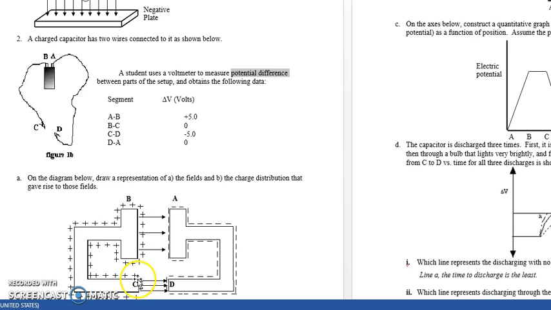I understand why they've drawn the wires so fat, so we've got room to draw the charges and everything, but there's a danger here that we can mistake this C and D for a pair of parallel plates, whereas in fact they're not. It's a very thin point at C and D, so the field is unlikely to be parallel.